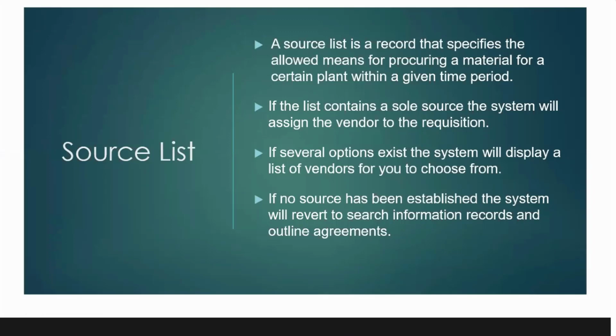Okay. The second thing is the source list. In this case, we don't have internal sourcing, but we have a source list. What is a source list? It is a record specifying the allowed means for procurement of material for a certain plant within a given time period.